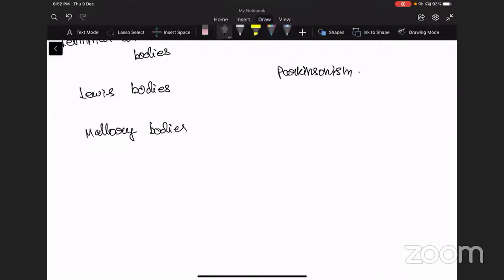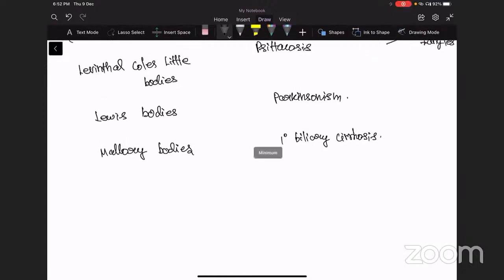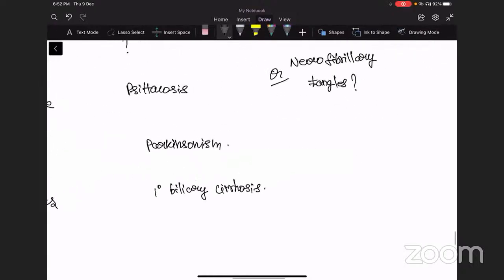Mallory bodies seen in primary biliary cirrhosis. Sampath Jojo, correct. Neurofibrillary tangles are seen in Alzheimer's disease, correct?